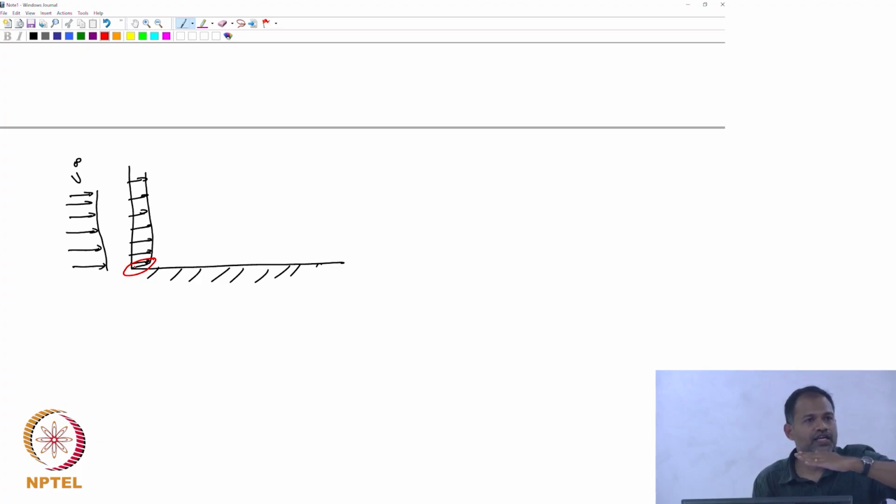But now as it goes downstream, as it proceeds further, more and more layers are going to feel the effect of the solid plate, because the solid is exerting the drag. So after a while, if you look further downstream, you will see that it's something like that.